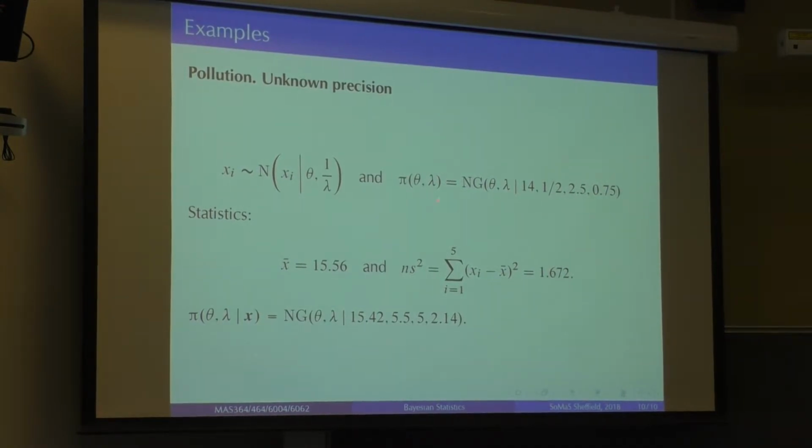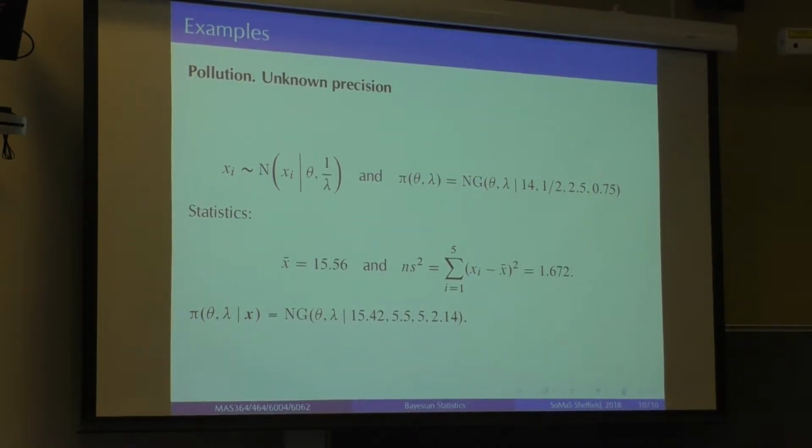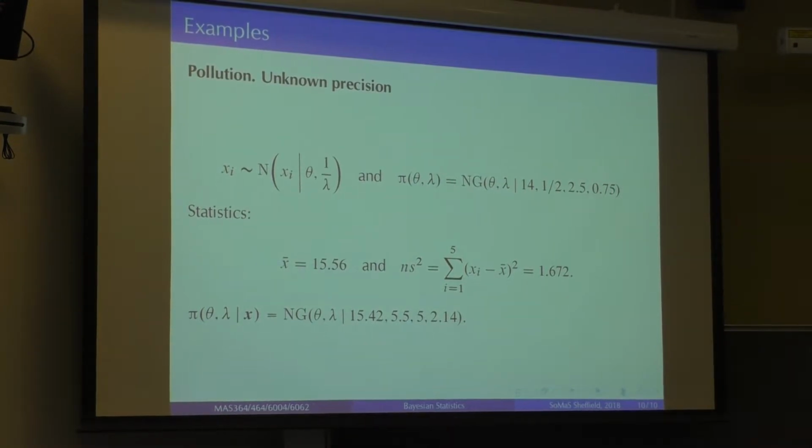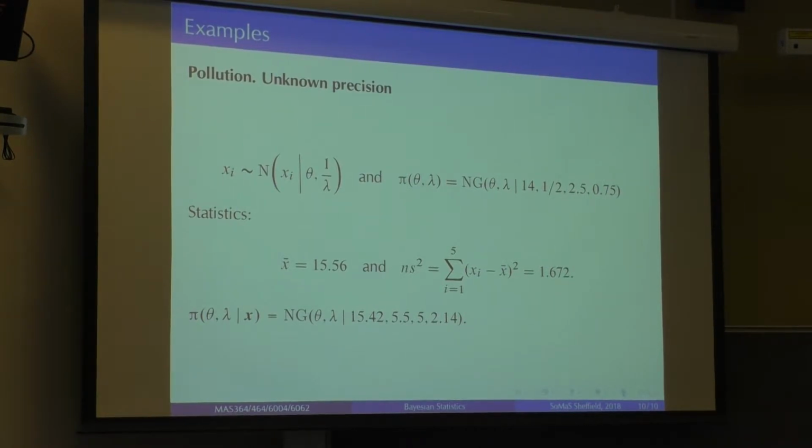So we need a prior on both parameters, and we proved that, hopefully you proved that, the conjugate prior is a normal gamma. That normal gamma is in your handouts, and that handout will be available in the exam, okay? So I would suggest that you use your handout as often as possible, because that will make the exam a bit easier for you, okay?